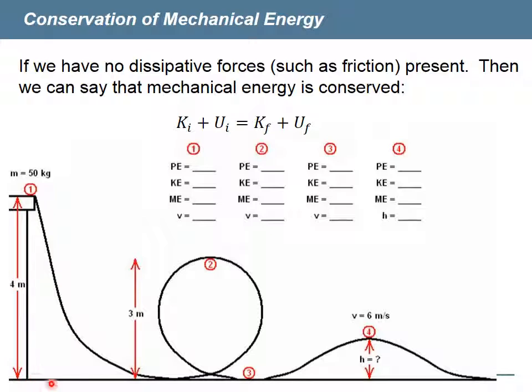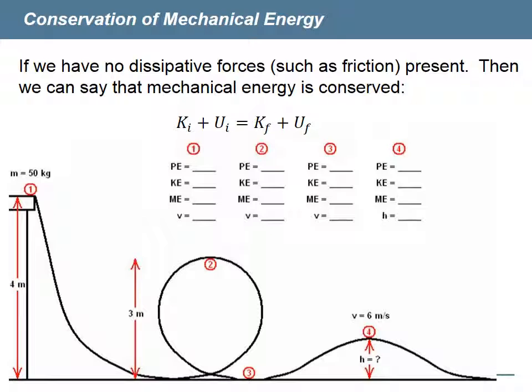If I call this where h is equal to 0, then my height here is 4 meters. So it would have a gravitational potential energy of mgh. So 50 times g, which is 9.8, times 4. So I could say this is 200 times 9.8, which is our potential energy here.